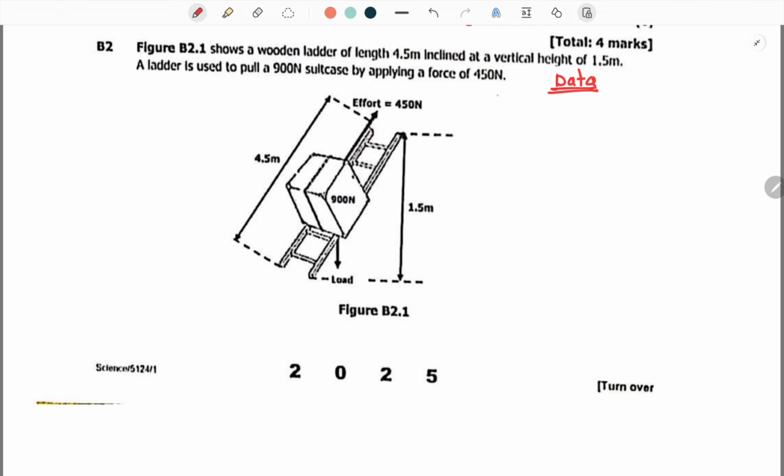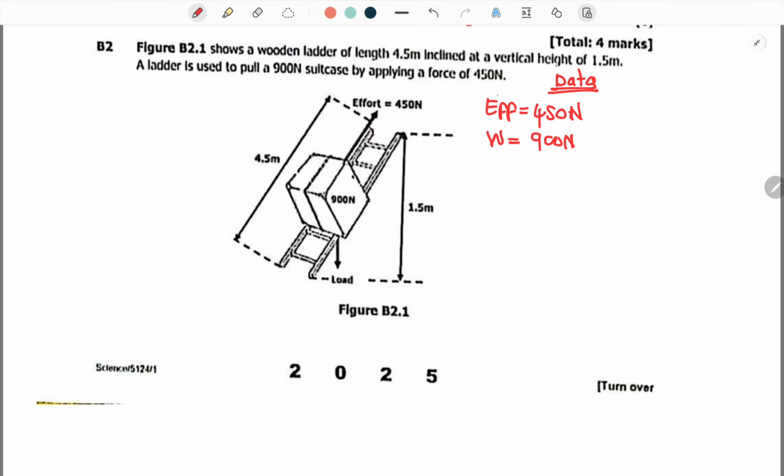Which one exactly is the distance of the effort and that of the load? First of all, we have our effort to be 450 newtons, and then we have the weight of the material that we are lifting, the material that we are pulling, which is about 900 newtons.